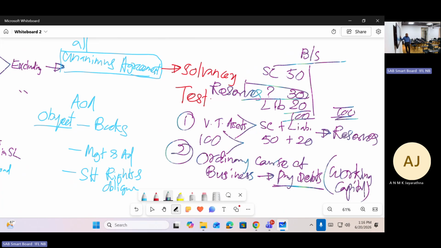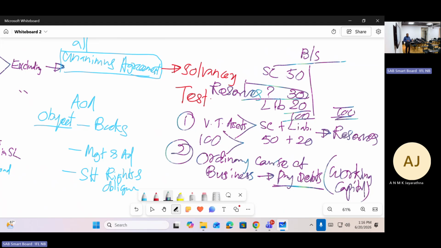Understand the solvency test. It is a famous question in the paper. For the solvency test we have to check two things. One is working capital. Right? But the Companies Act does not say working capital. It says we have to check whether the company is able to pay its debts in its ordinary course of business, which refers to working capital.